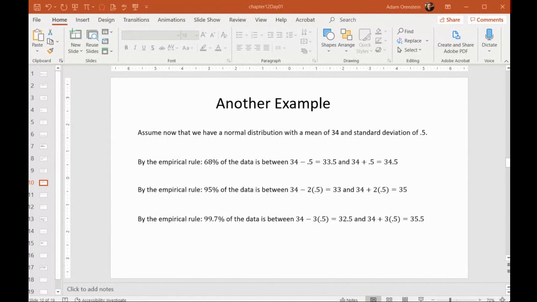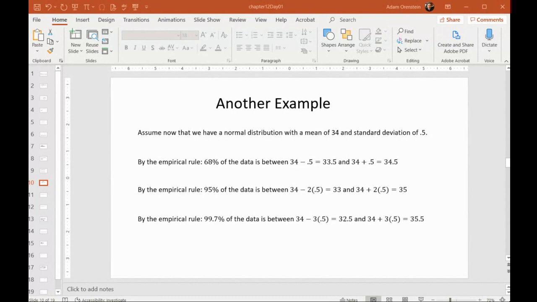So for this one, 95% of our data is between 33 and 35. And 99.7% is between 34 minus 3 times 0.5, 3 standard deviations away, and 34 plus 1.5, that's 35.5. So that's just what the empirical rule is telling us.